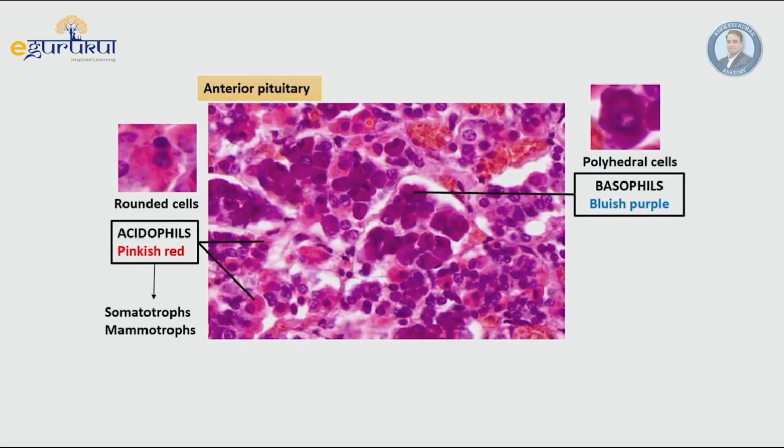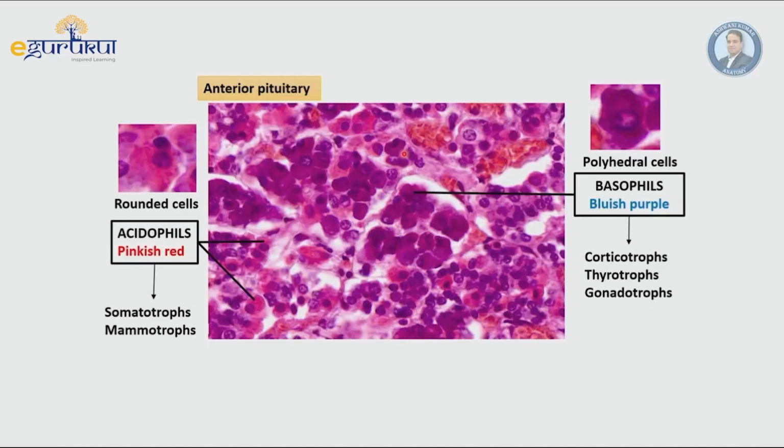They are more polyhedral cells, very darkly stained when you compare them with the acidophils. From the secretion point of view, they secrete the gonadotroph, corticotroph, and the thyrotroph. The corticotroph, thyrotroph, and gonadotroph are secreted by these polyhedral cells, which are basophil cells.